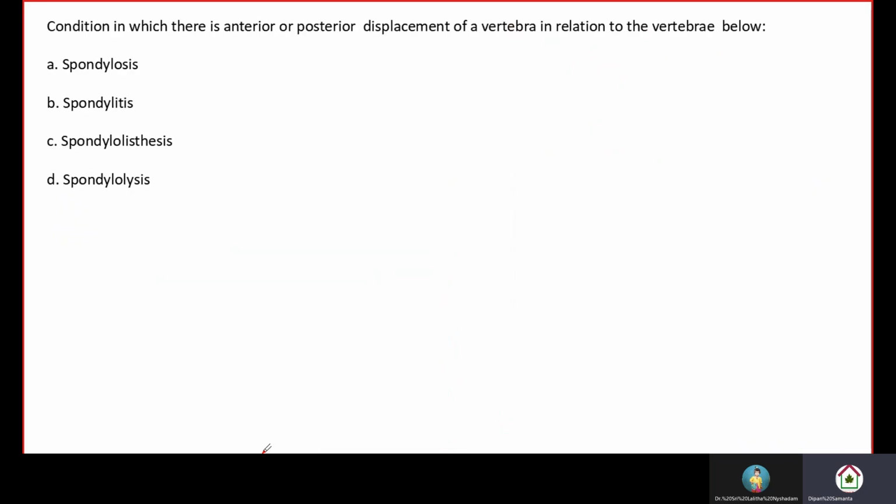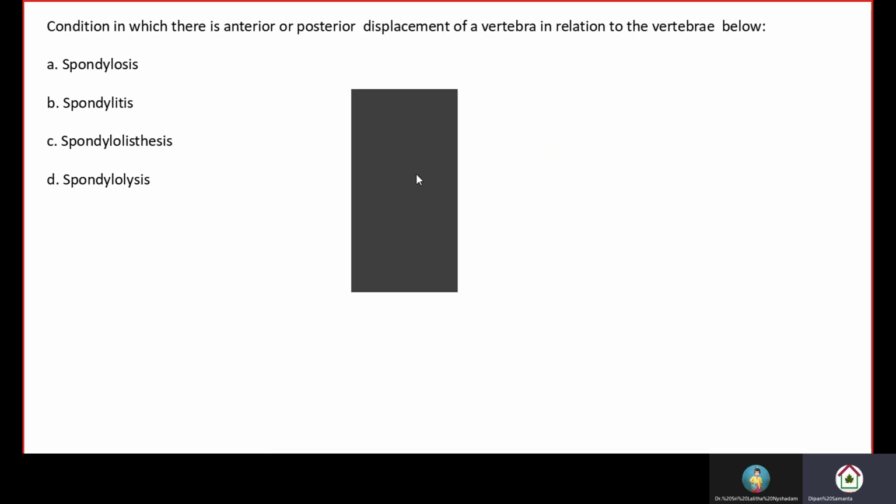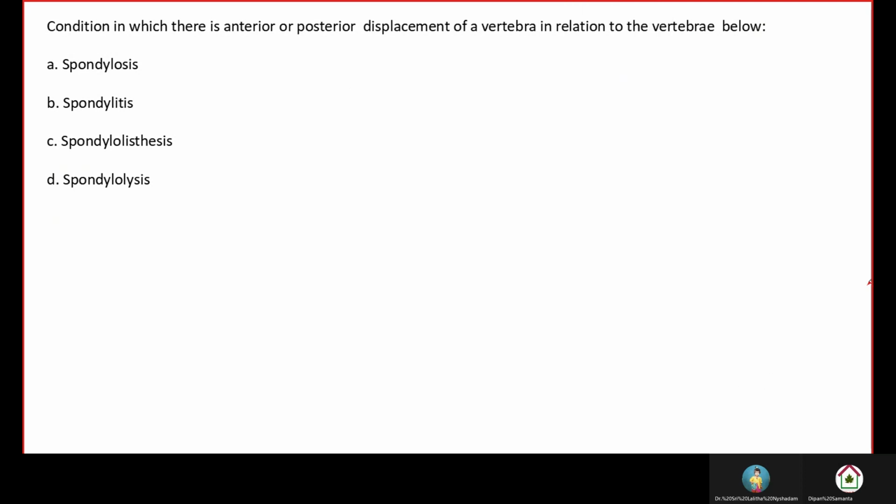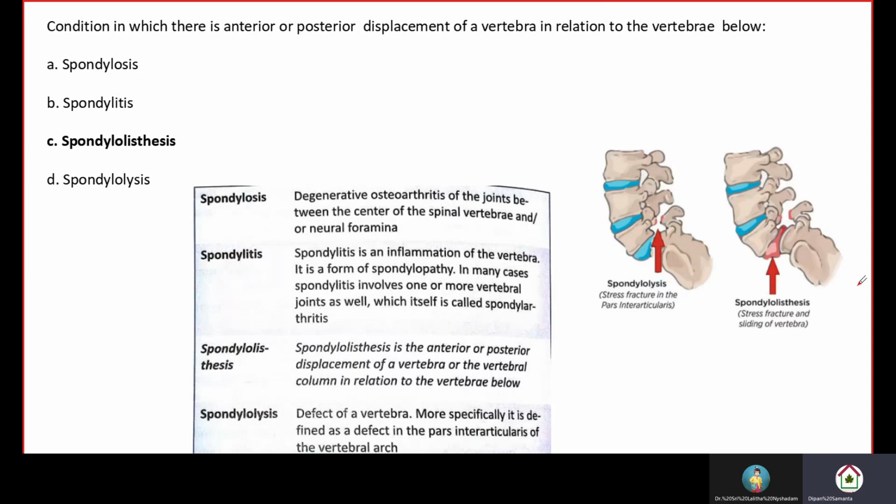Okay. The condition in which there is anterior or posterior displacement of a vertebra in relation to the vertebra below: spondylosis, spondylitis, spondylolisthesis, spondylolysis. And the answer will be spondylolisthesis.